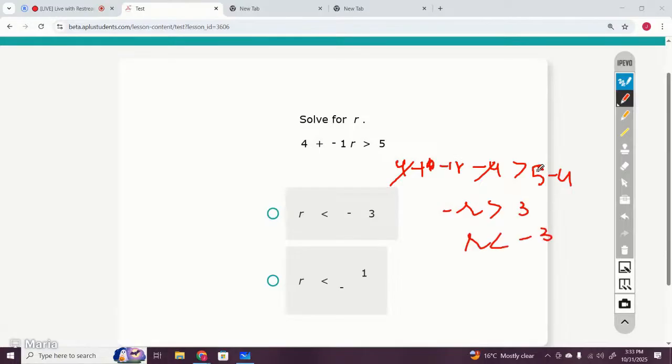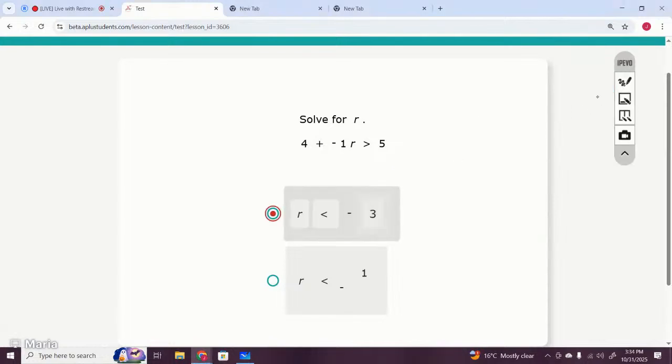R is less than negative 1. Option number 1 is the correct option. R is less than negative 3.